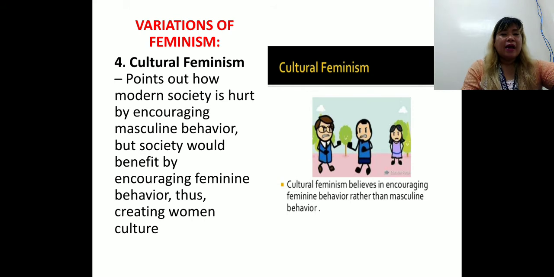So it is the concept of replacing the dominant masculine behavior with the feminine behavior, because women believe that the society would be better or would be in a good situation if it's being dominated by the feminine or women behavior.